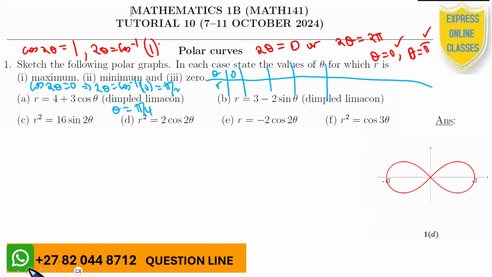At this point, it doesn't occur at the maximum. So which means you have pi over 4, 2 pi over 4 is pi over 2, 3 pi over 4, 4 pi over 4, 5 pi over 4, 6 pi over 4, 7 pi over 4, 8 pi over 4.